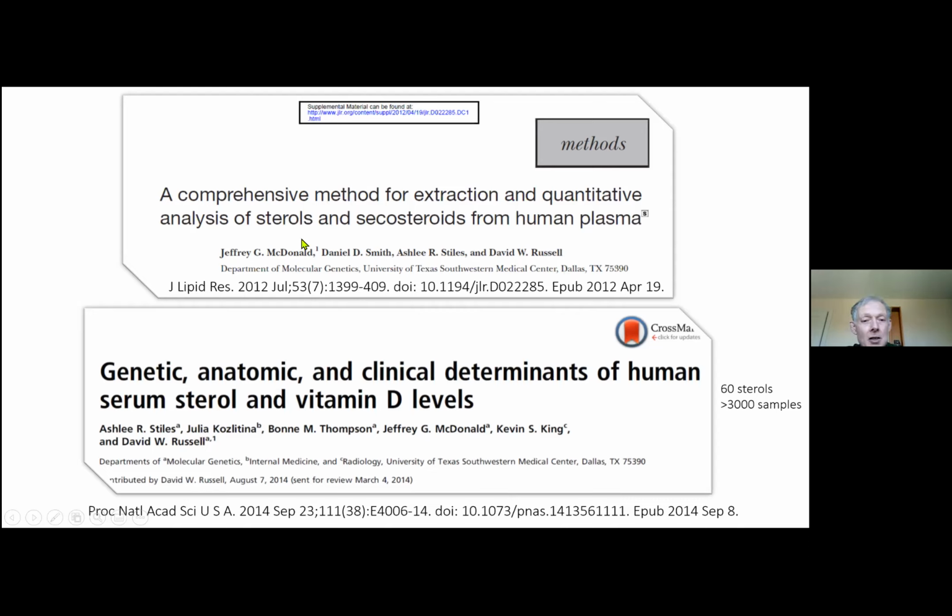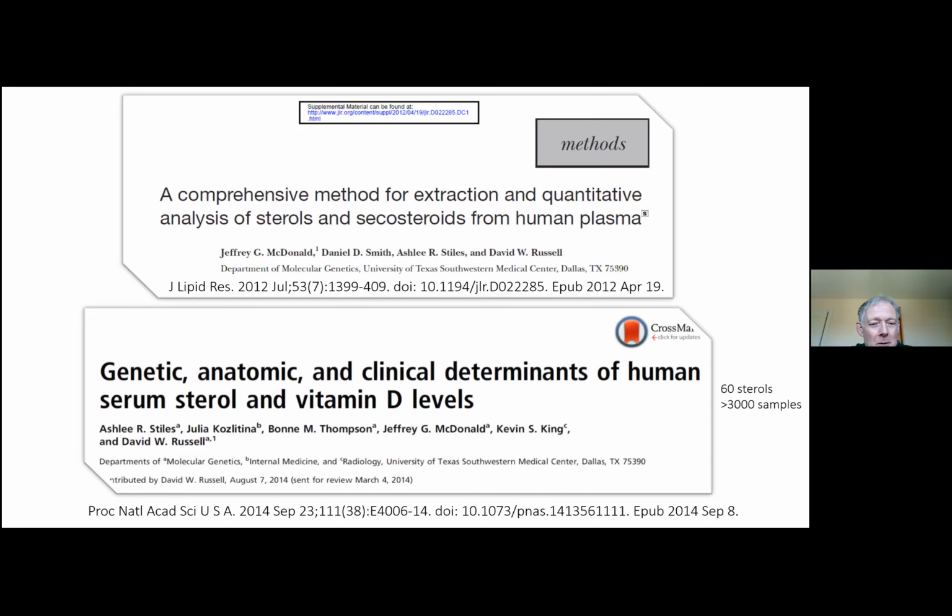Jeff and David were part of that first LIPID MAPS group, where we saw a picture of the guys shown by Cameron yesterday. So this is a nice LCMS method developed by Jeff, and he's used this method extensively.